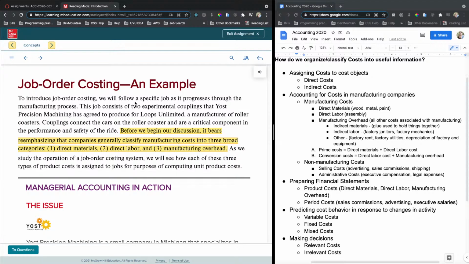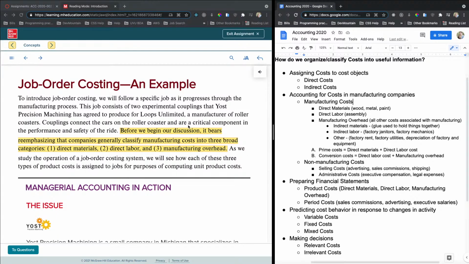Couplings connect the cars on the roller coaster and are a critical component in the performance and safety of the ride. Before we begin our discussion, it bears re-emphasizing that companies generally classify manufacturing costs into three broad categories: direct materials, direct labor, and manufacturing overhead, as we see here.